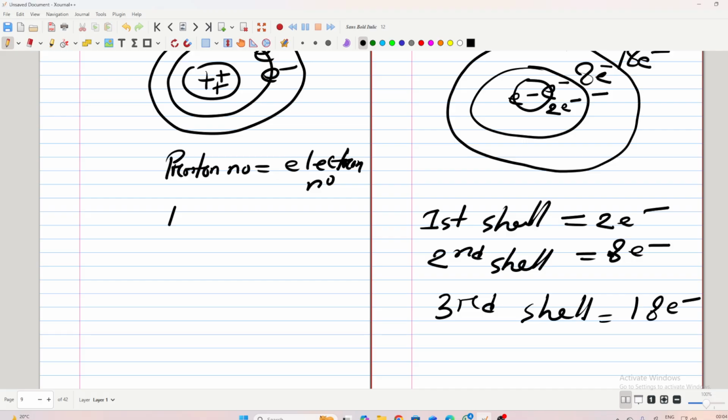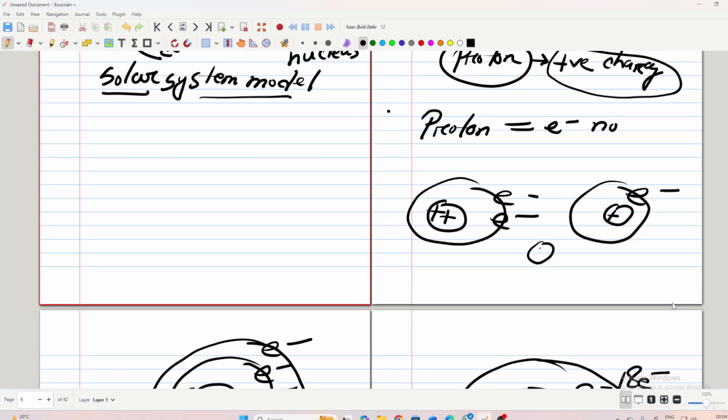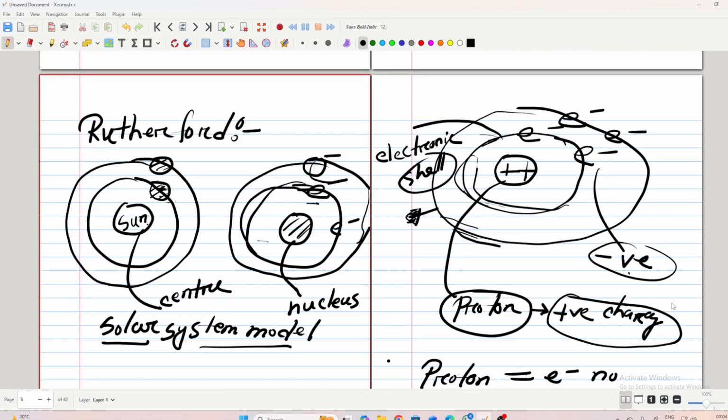So here is the postmortem of an atom. What did we just learn? We learned Rutherford's solar system atom model. This model tells us that as the planets are rotating around the sun, in the same way the electrons are rotating around the nucleus. The nucleus has protons, which are positive charges, and the electrons rotating around it are negative charges.